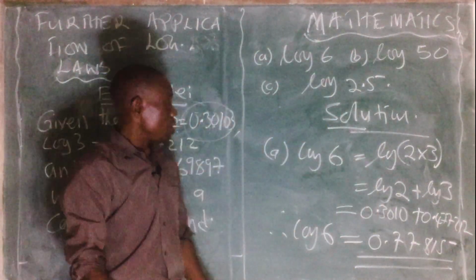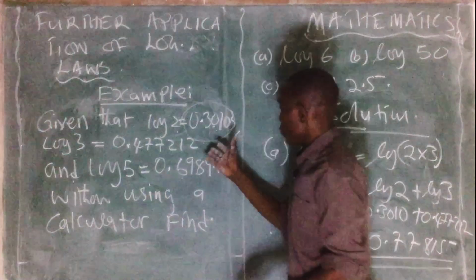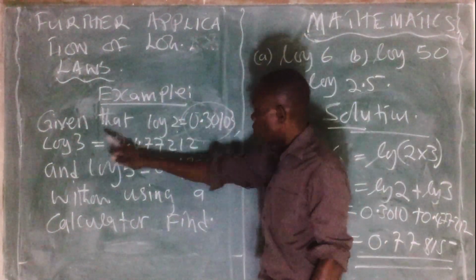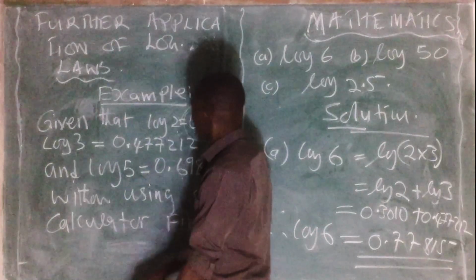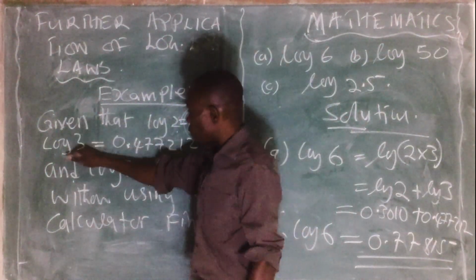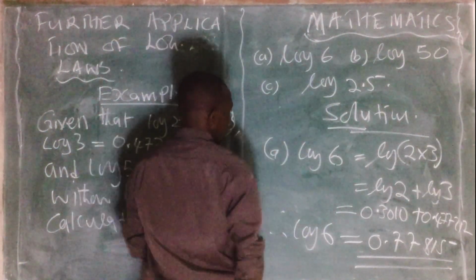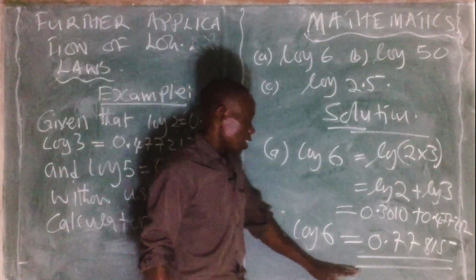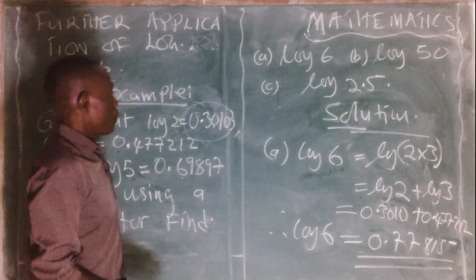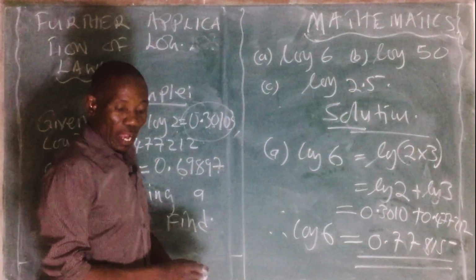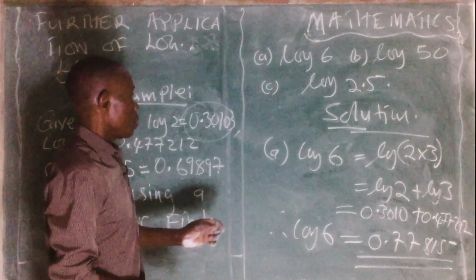So each time you are given the log of 2 and the log of 3, and you need to work out the logarithm of 6 using them, you'll find that the logarithm of 6 is this number here. Simple as that. Done with that, let's now go to example B in the same situation.